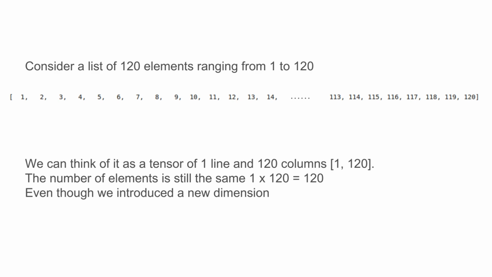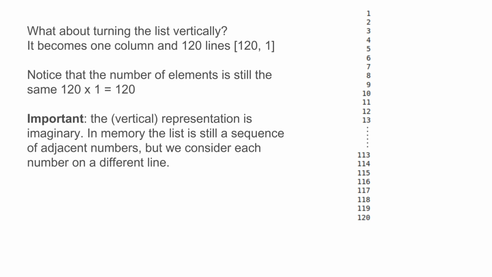Let's dive deeper. What happens if we turn the list vertically? Instead of one row with 120 columns, we now have one column with 120 rows, a 120 by 1 tensor. But here's something important to note. The number of elements hasn't changed. It's still 120 because 120 times 1 is equal to 120.